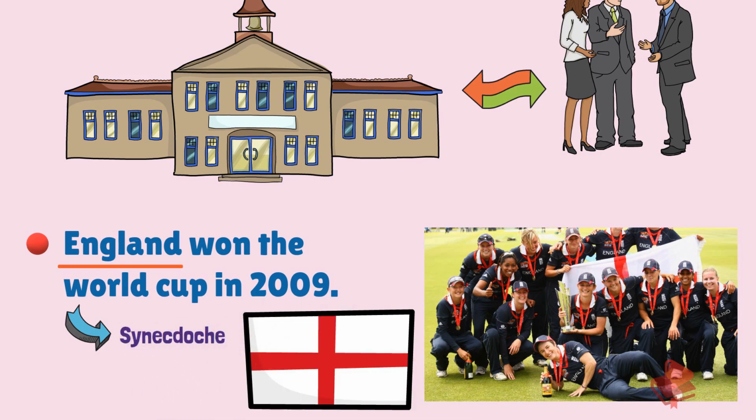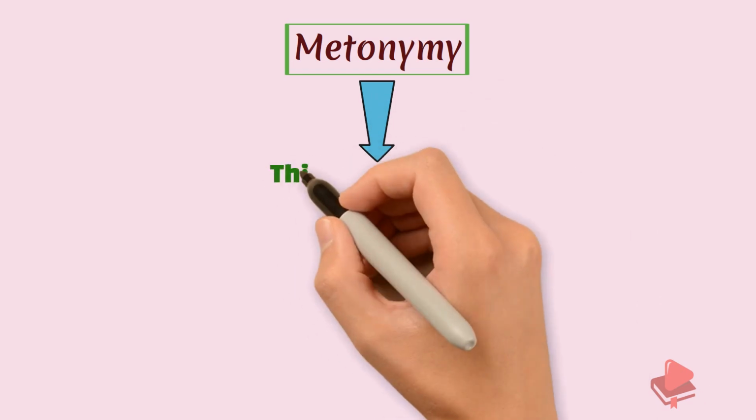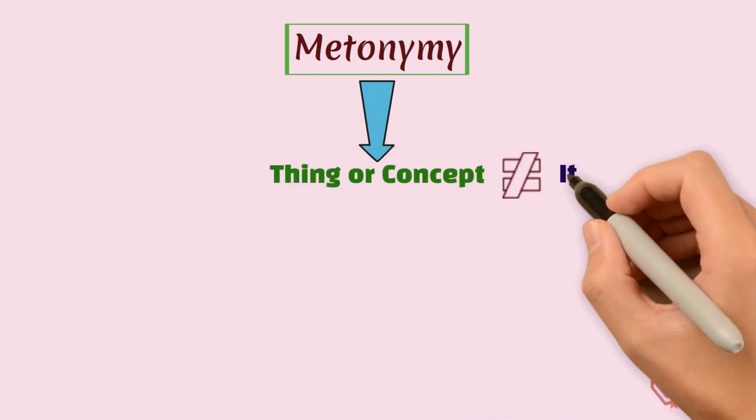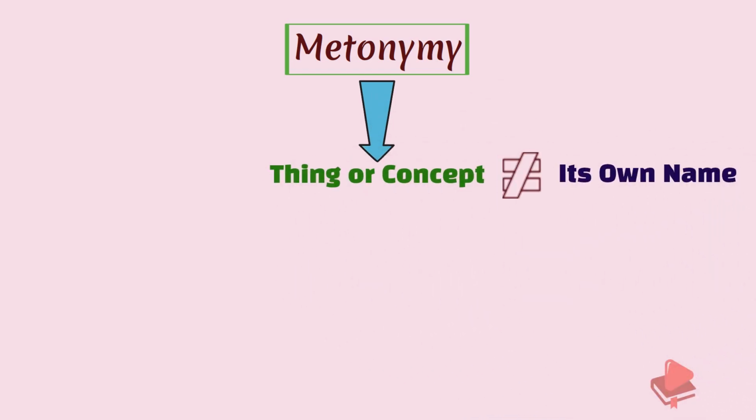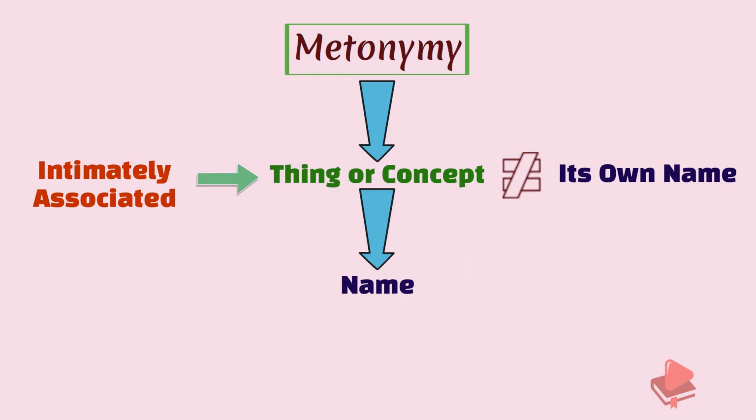Now let's see the next type of figure of speech, that is metonymy. Metonymy is a figure of speech in which a thing or a concept is not called by its own name, but by the name of something intimately associated with it.